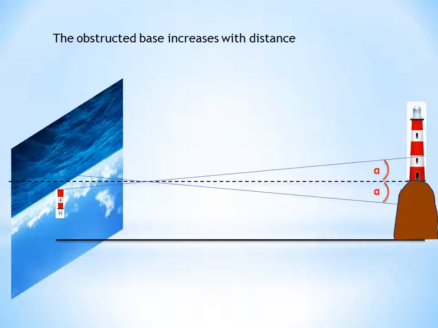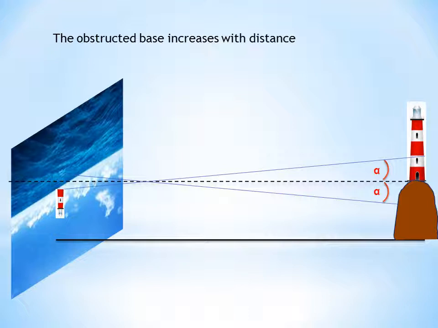In this hypothetical situation, we maintain the exact same conditions as in the previous slide, but instead of oil patches, we observe a lighthouse tower on a hill. We can use the angle alpha we found to predict what will be visible on the screen.